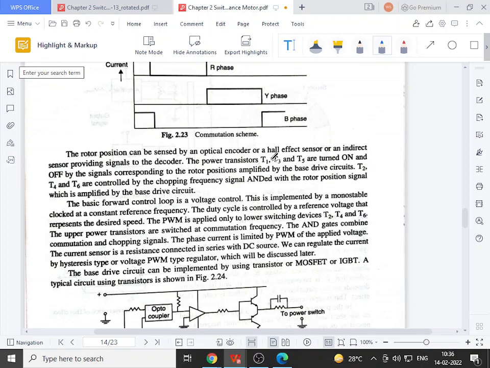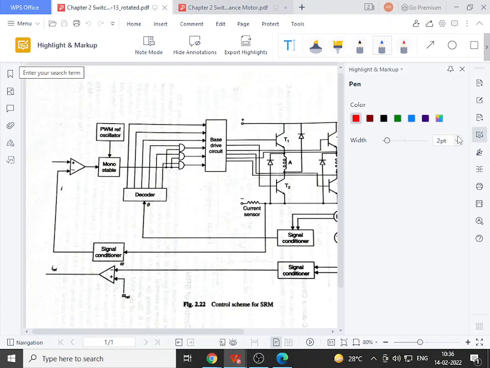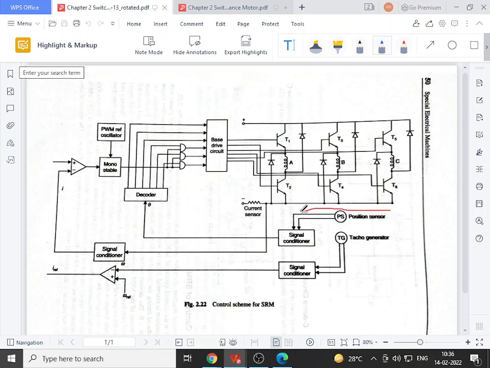So Hall effect sensor or optical encoder, these are generally used to sense the position of a rotating device. Okay, so these are two types of sensors which are generally used to sense the position. So whatever rotor position is marked here, that rotor position is generally sensed by either an optical encoder or a Hall effect sensor.